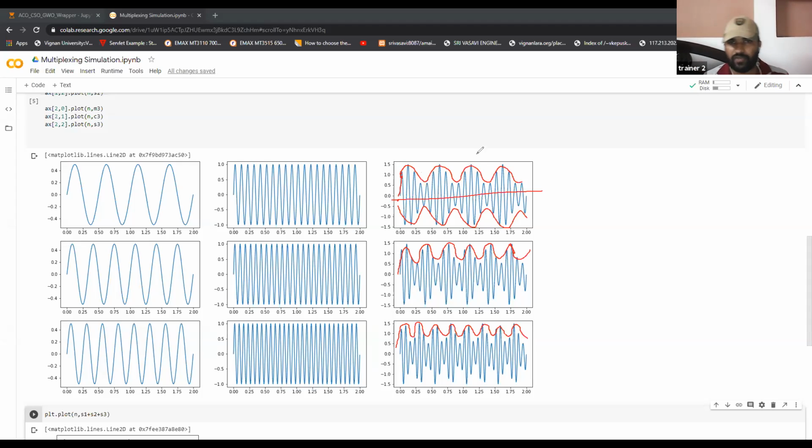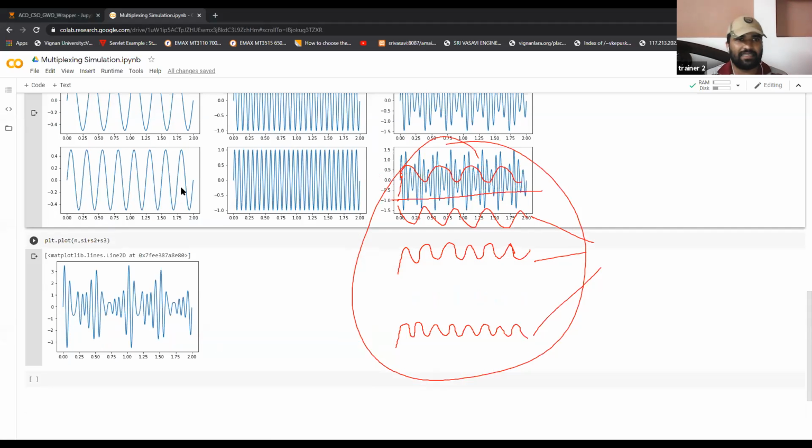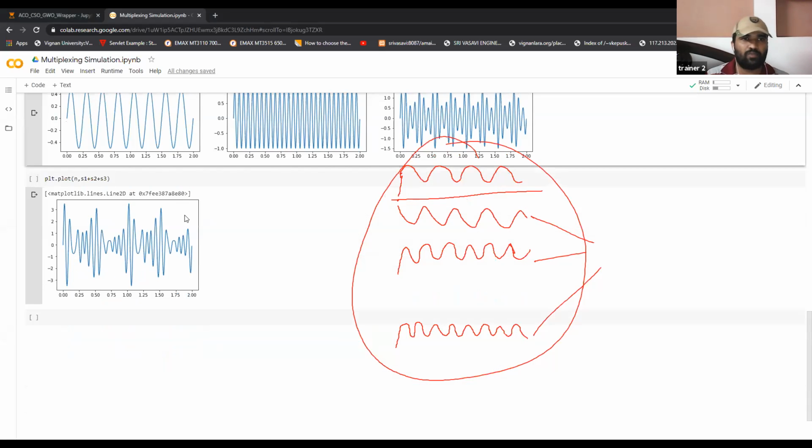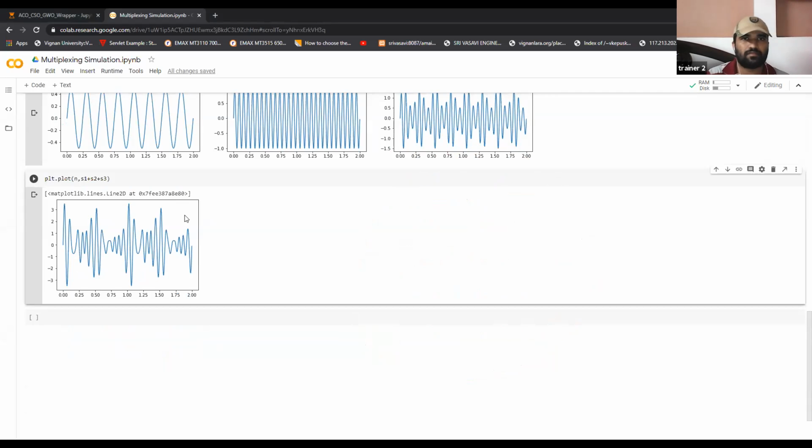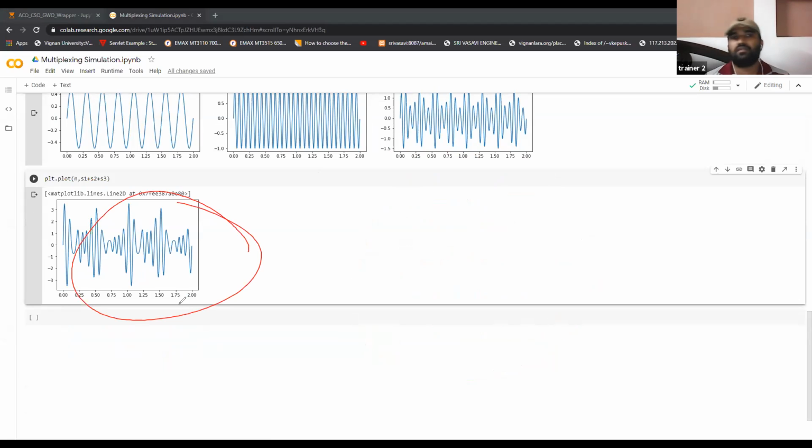Okay, so if you combine these 3 signals, the modulated signals, and simply send them through the air, you will get this signal, whatever you are looking at the bottom. This bottom signal is actually S1 plus S2 plus S3.